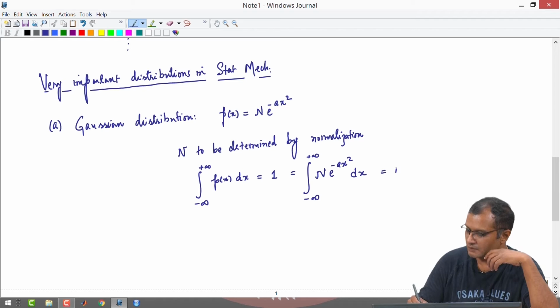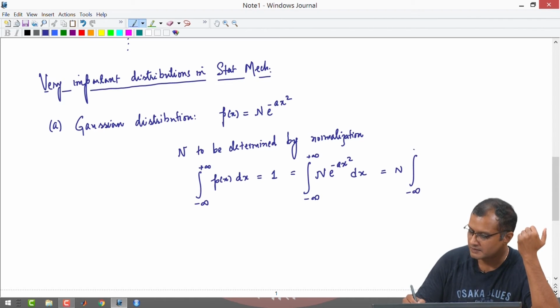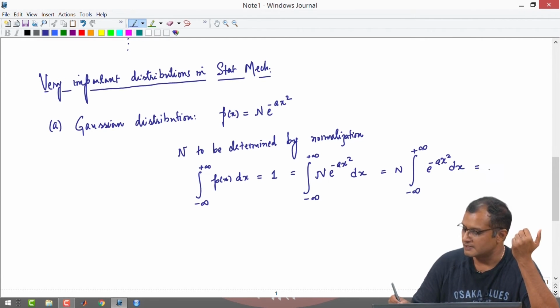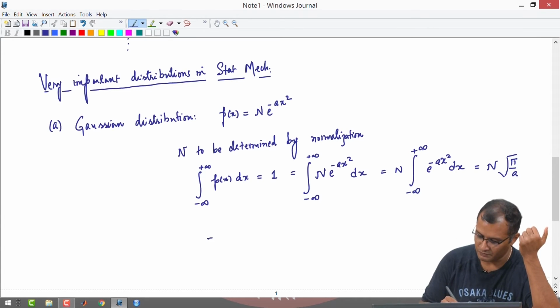So, I can take n outside and this becomes simply the integration of e raised to minus a x square dx. Now, if you know the result of this Gaussian integral, you can simply substitute that result, which is square root of pi by a, and that gives you your n.